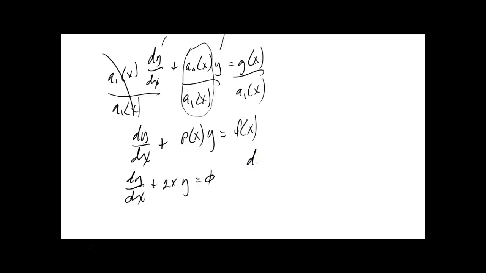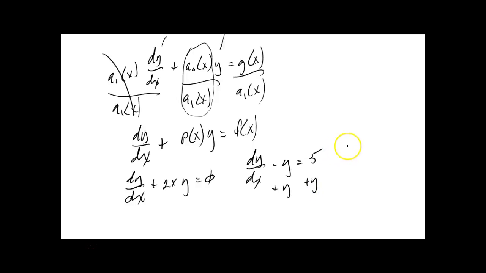dy/dx. I'm going to not write it the way they do. Minus y is equal to 5. Okay? In this case, both the p of x and f of x are constants. Now, what you can do here is add y to both sides, which is where they start.